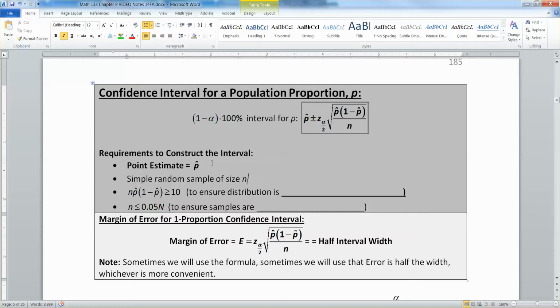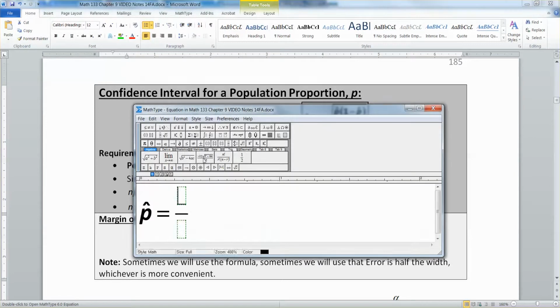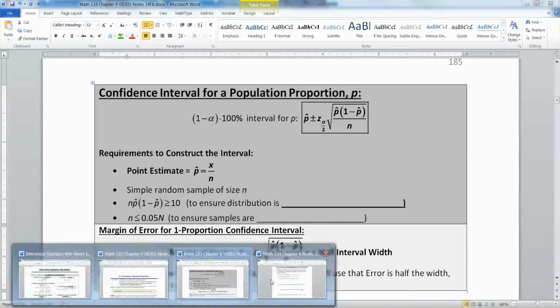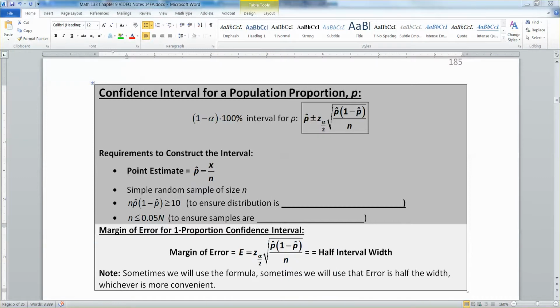Now, what does it take to make this interval? There are some requirements. First, you have to know a point estimate, which is p hat. And don't forget that p hat is equal to x over n. We learned that in section 8.2. Of course, as in most things with this course, we cannot do anything unless we know it's a simple random sample. If it's not a simple random sample, you're not doing it. Then we need to know that n times p hat times 1 minus p hat is greater than or equal to 10.